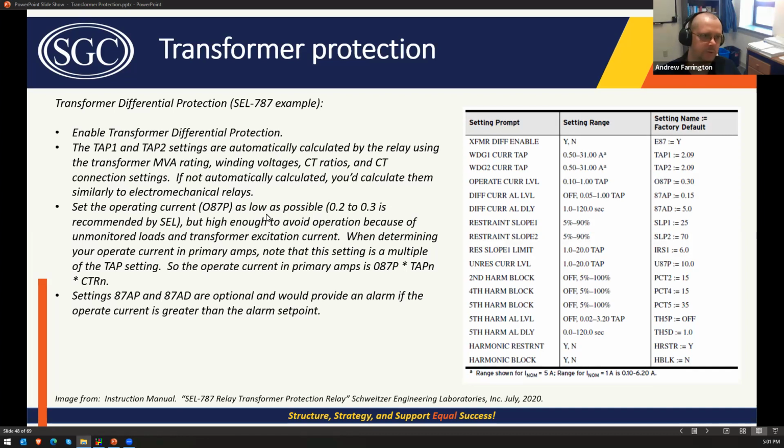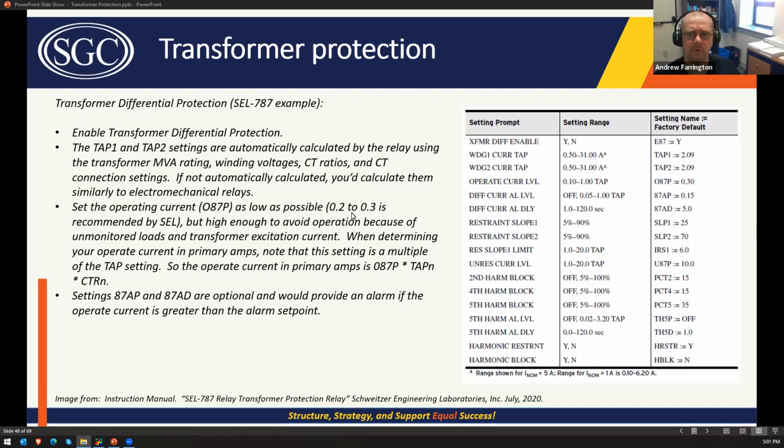And he said, well, it goes back to the relay manufacturer and their documentation and what they recommend. And that's really what it is for transformer differential relays too. It depends on the specific make and model, and you've got to read the instruction book for your relay and see what they recommend. This particular relay recommends a setting of 0.2 to 0.3 for the operate quantity.